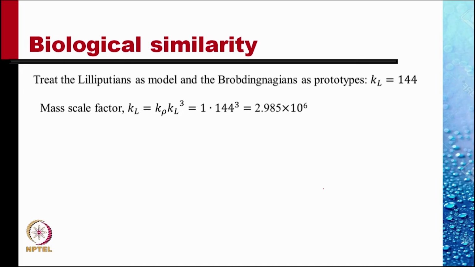The mass scale factor is simple. K rho is K density times K volume, that is K rho KL cubed, and so it's 1 into 144 cubed, 2.985 into 10 to the power 6. So giants would weigh about 3 million times the weight of the Lilliputians.